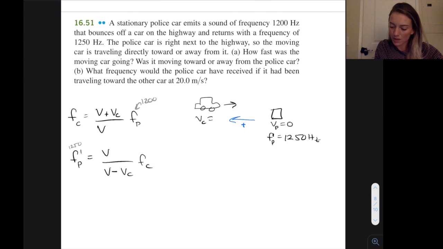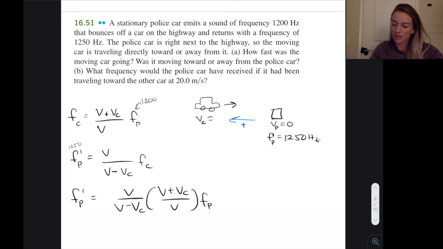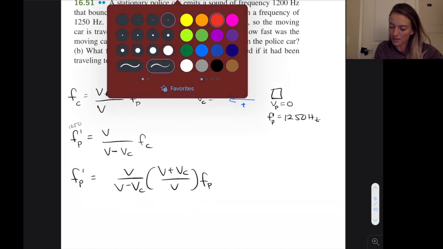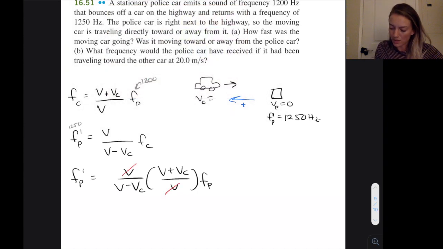So I'm going to rewrite this frequency that the cop heard, V over V minus VC, and replace FC with this expression: V plus VC over V times the frequency that the police originally emitted. This is the 1250, this is the 1200. I can see my velocities here cancel, so I'm left with V plus VC over V minus VC times the frequency of the police officer.